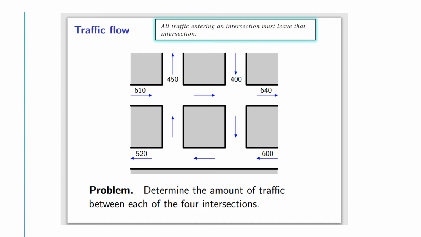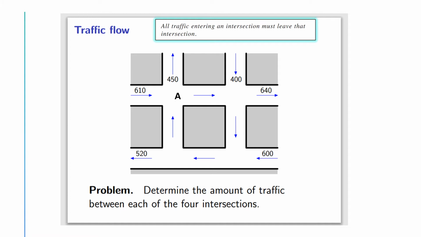Here, all traffic entering an intersection must leave that intersection. For example, if I take the traffic intersection A, there are two traffic inputs, 610 and an unknown.